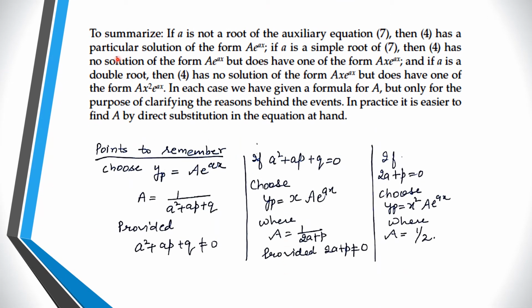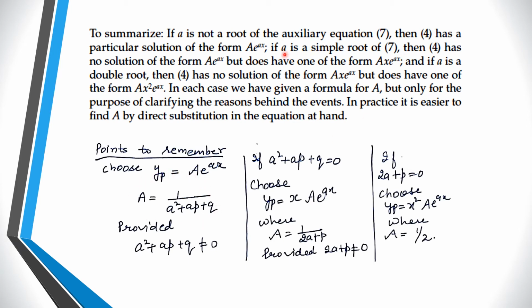So to summarize this: if a is not a root of the auxiliary equation m square plus mp plus q, or you can say a square plus ap plus q, then the particular solution will be A into e to the power ax, and the value of A will be 1 over a square plus ap plus q, right?